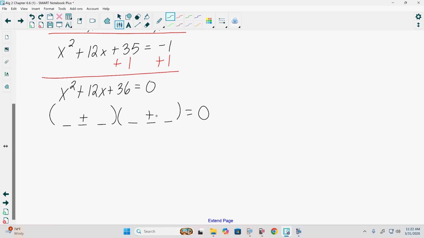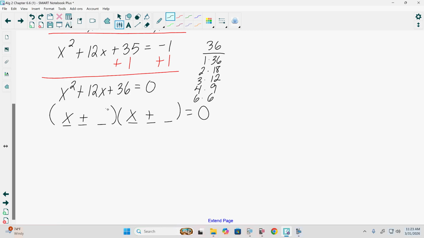If we factor it, since the third term is positive, the signs are the same and match the sign of the middle term, plus and plus. Factors of x squared, we only have one set, x and x. Factors of 36 are 1 and 36, 2 and 18, 3 and 12, 4 and 9, 6 and 6.